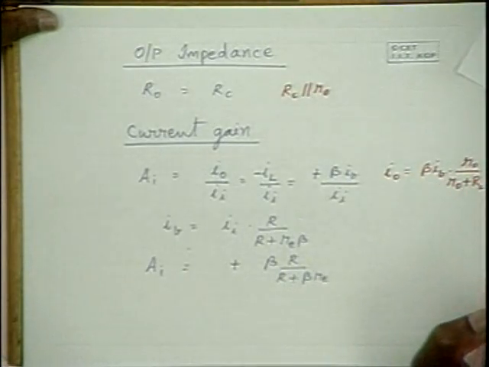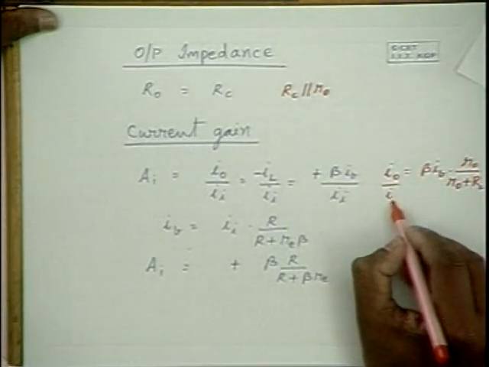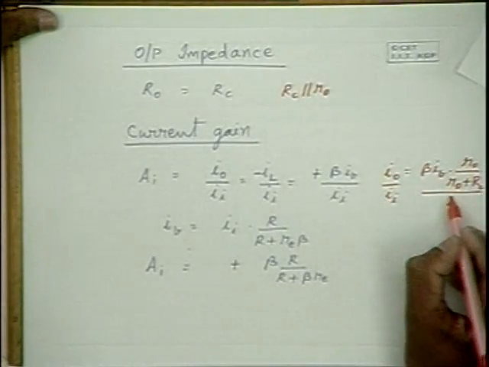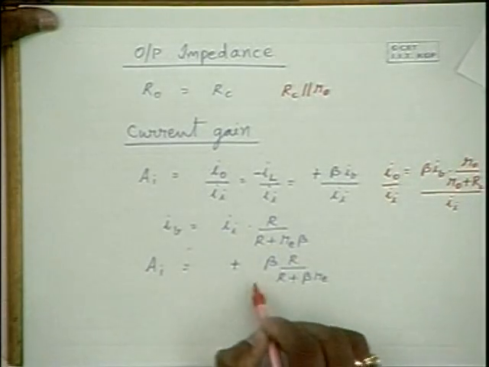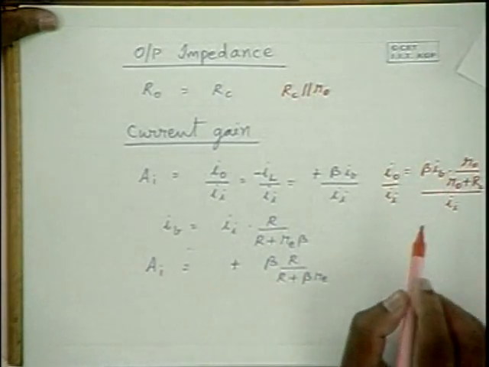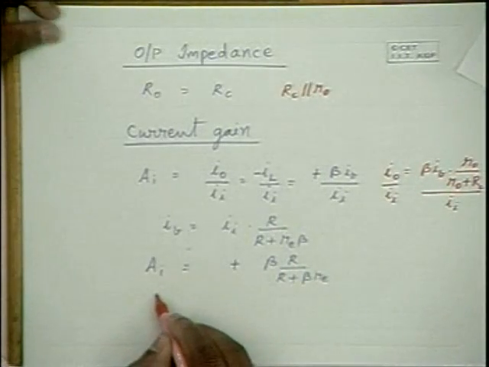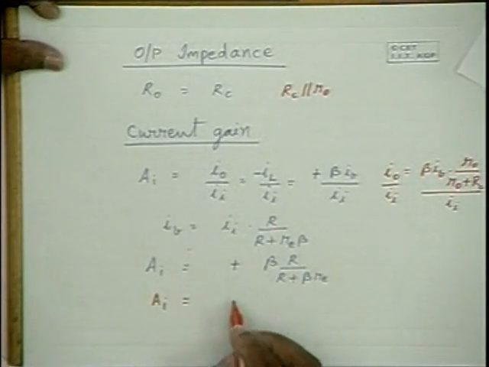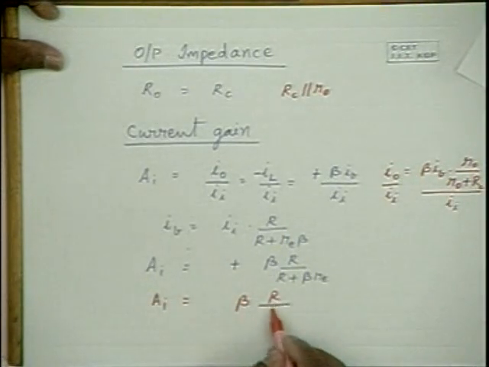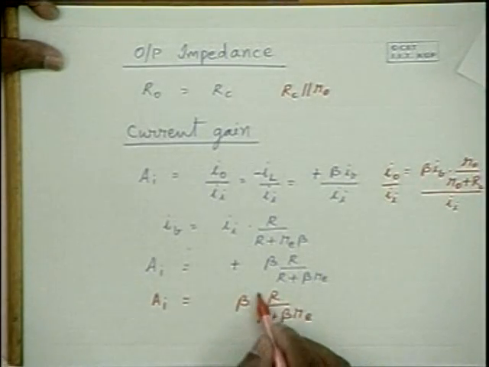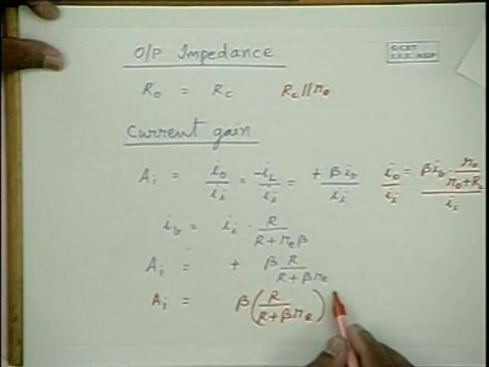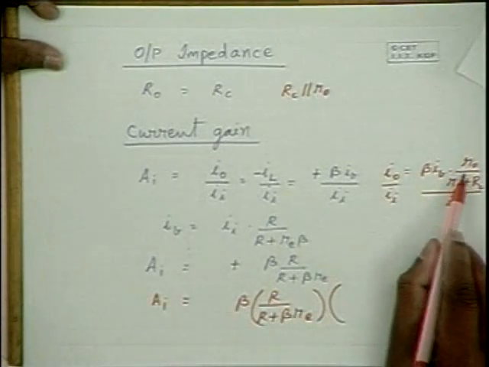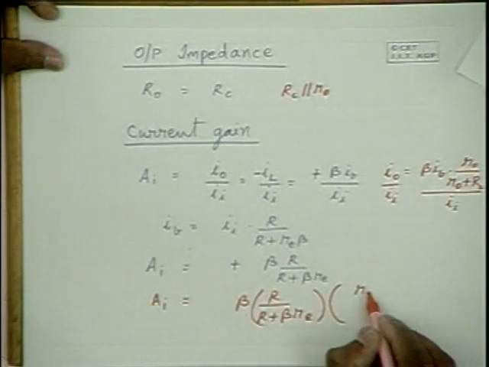This is I naught, and when you divide it by II, you can make the substitution over here, and as a result you will find the current gain as beta into R by R plus beta RE. That is the expression for input side current division, and here you have an expression for the output side current division.